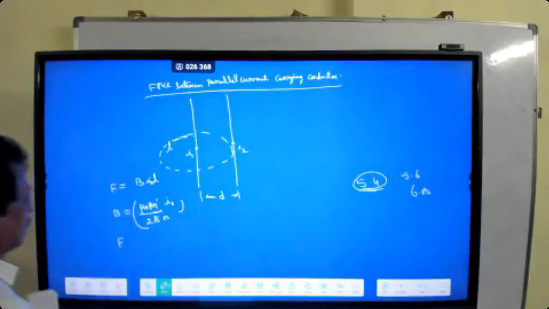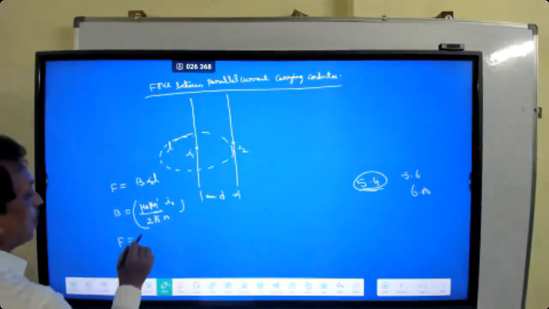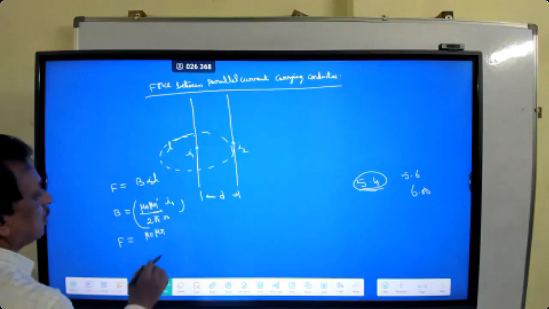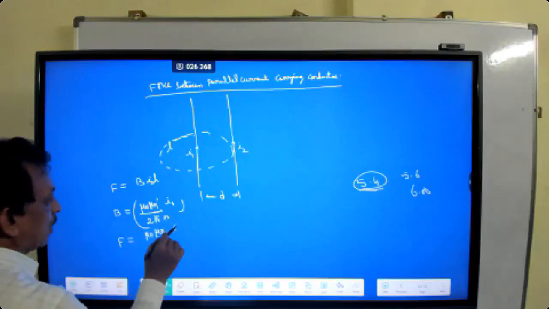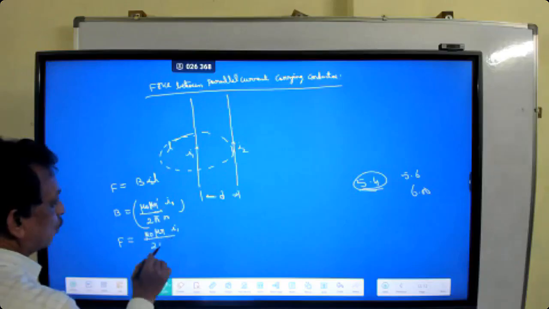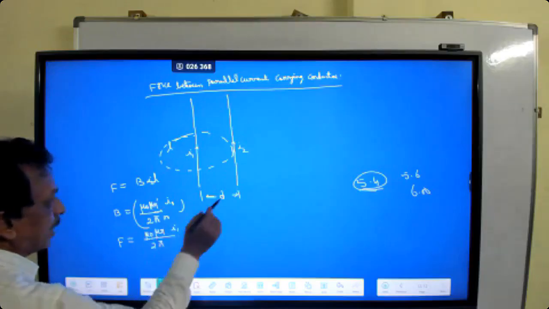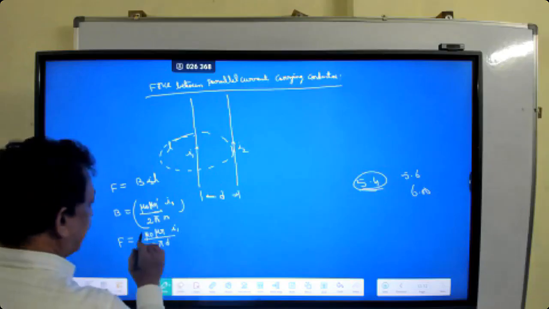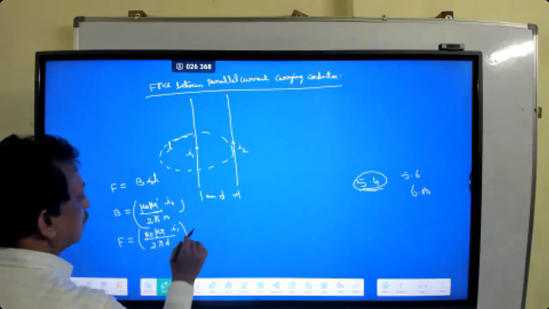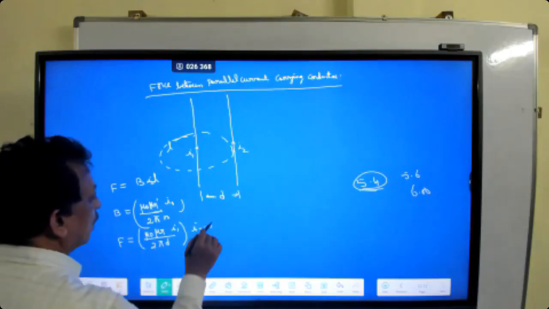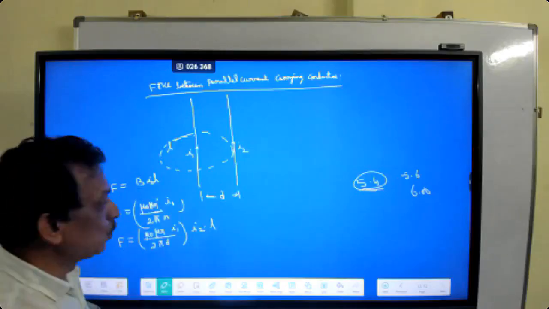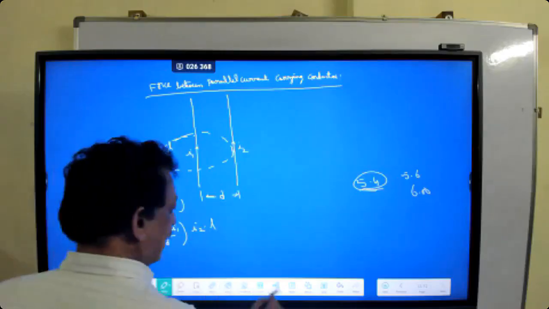Now I substitute here, I am not doing anything: F is equal to B, so mu naught mu r I1 divided by 2 pi r, this is B, into I2 into L. I need the original formula with 4 pi, so what to do?